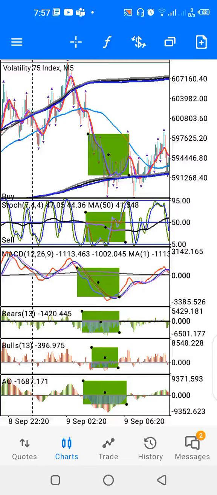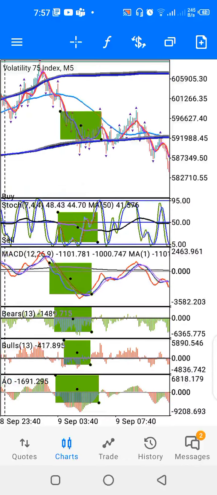The bottom line of trading is to make money. All right, so this strategy will help you to make some money by scalping small profits per time.